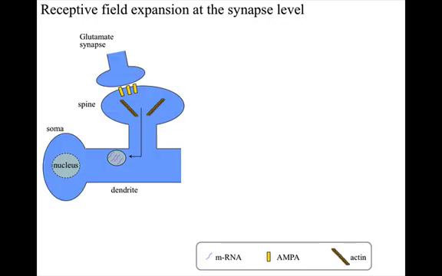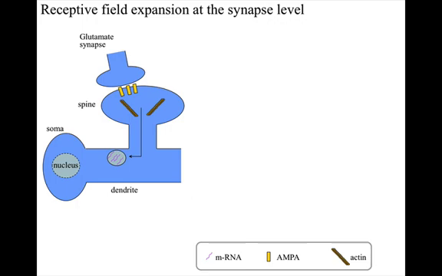Going even more deeply at the mechanism, glutamate synapses onto a pyramidal neuron dendrite form at the end of spines. The size and shape of the spine is maintained by polymerization of actin molecules. The AMPA molecules that give the synapse its weight are located in the postsynaptic density, which is the region in the postsynaptic neuron that faces the synaptic cleft.